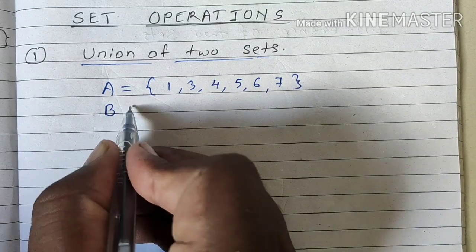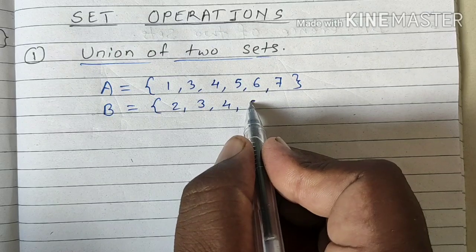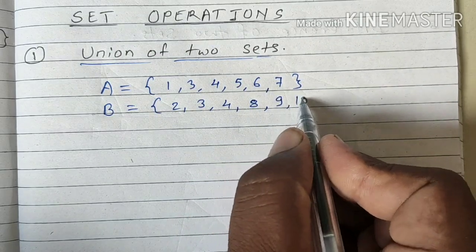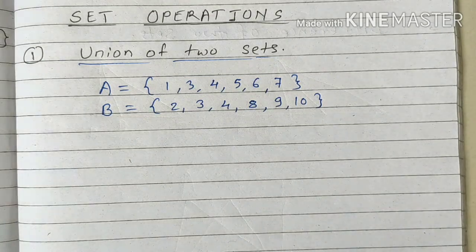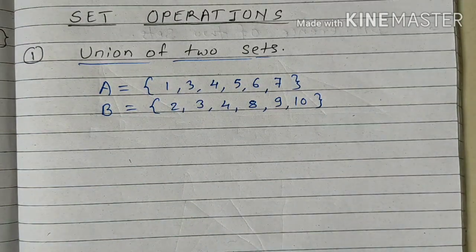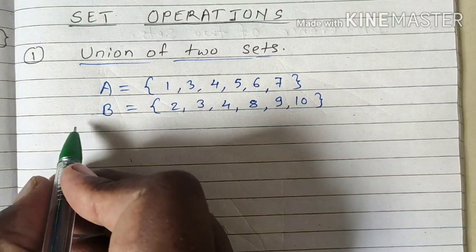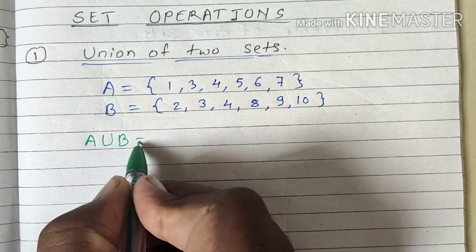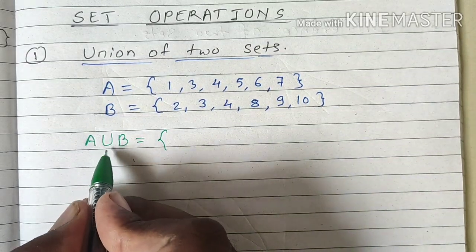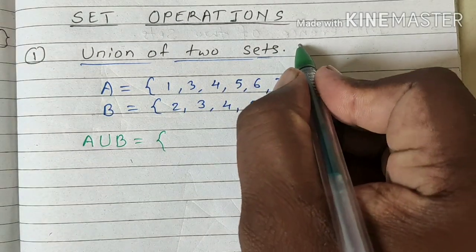Also we have the B set with the elements 2, 3, 4, 8, 9 and 10. These are the two sets we have. If we want to make a union of these two sets, that means we combine them, and the rule says there is no repetition of elements. The symbol of union is capital U.